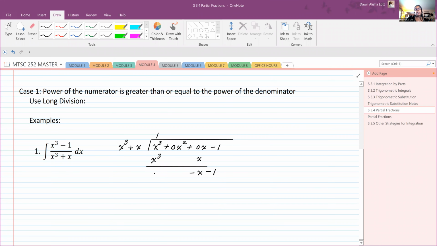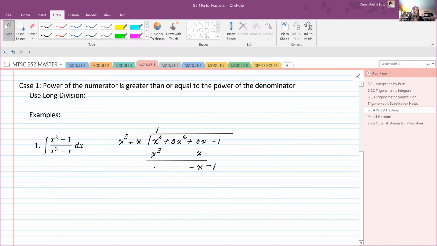And at this point, the power of the numerator is too small. We can't divide x cubed into x, so we're done. So this is our remainder.